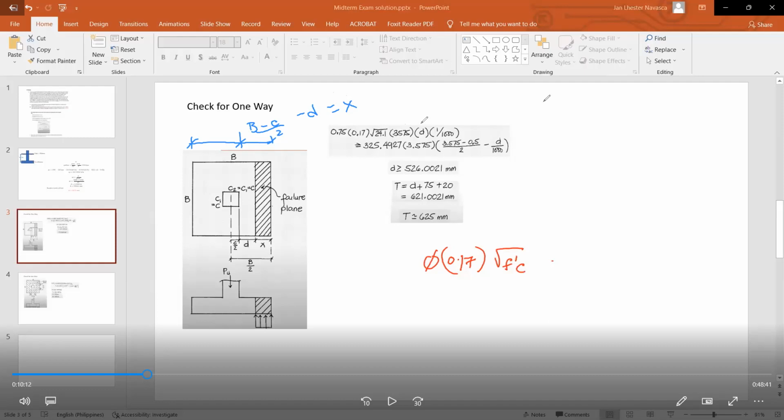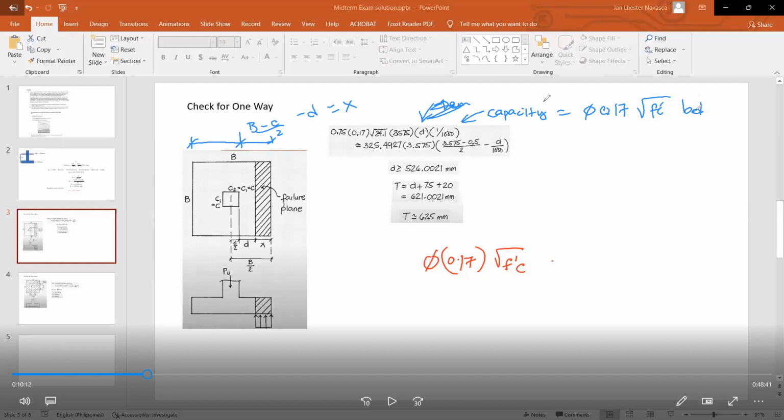So ito yung ating demand. Okay, sorry. This will be your capacity. Yung capacity mo is equals to the phi 0.17 square root of F prime C. So pwede mong gawin in terms of stress or in terms of force. Mag-multiply ka lang ng B times D, or in terms of stress.